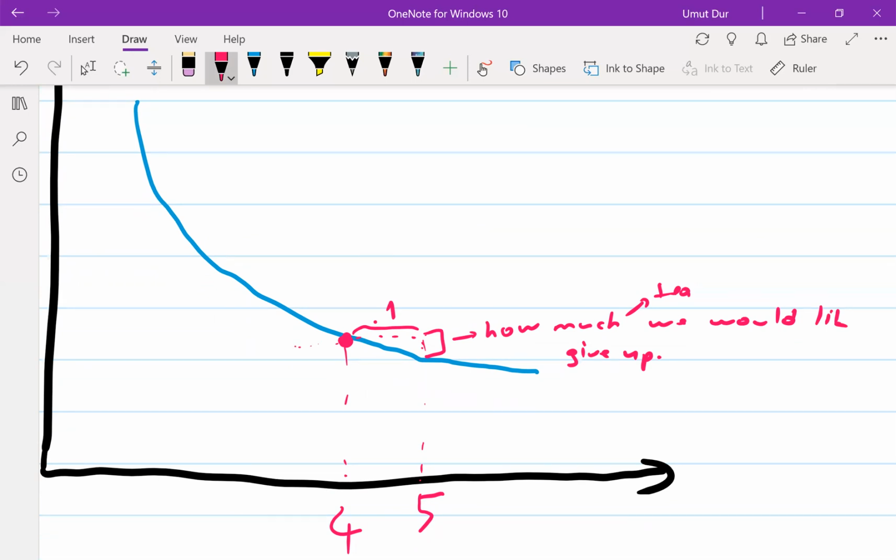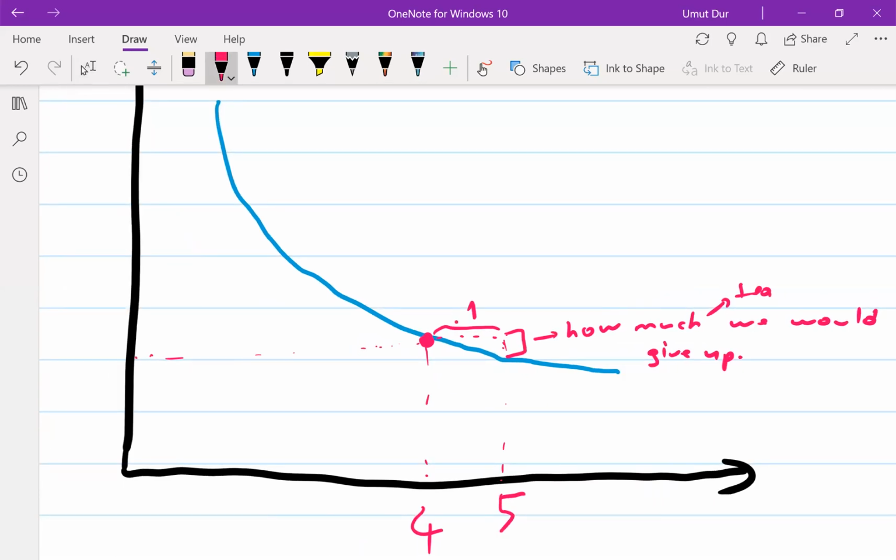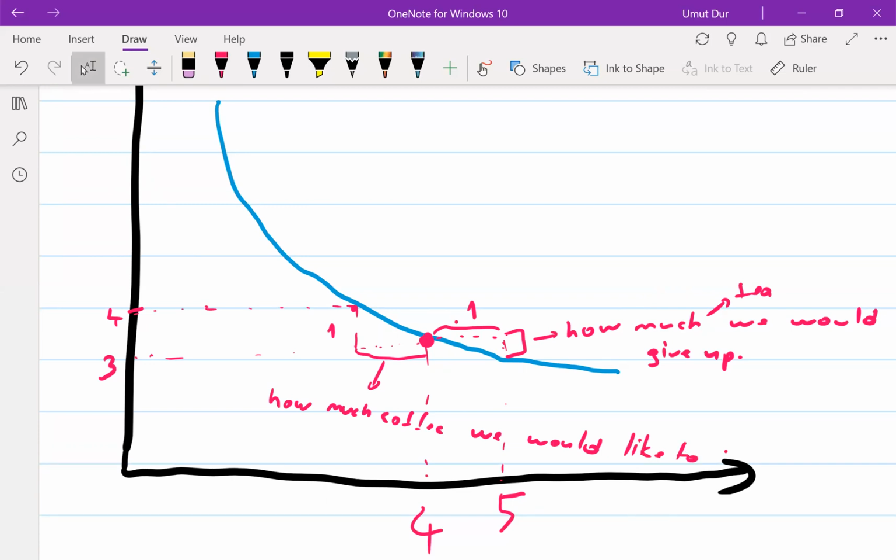At this point, you would like to increase the amount of tea that you are consuming from 3 to 4. You still want to be on the same indifference curve. So this is 1, and this part is how much coffee we would like to give up.